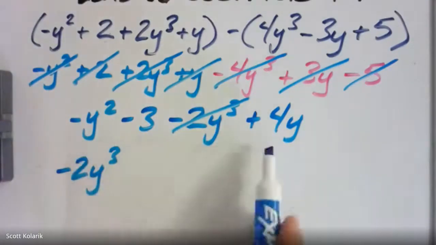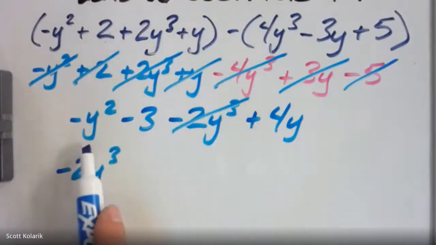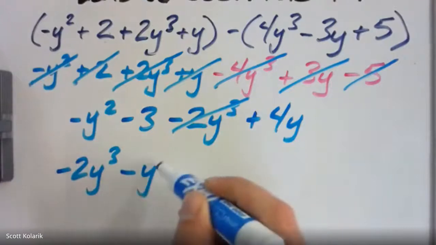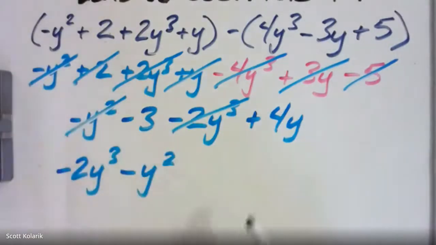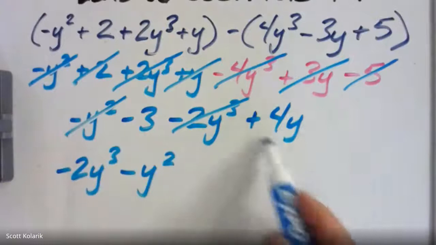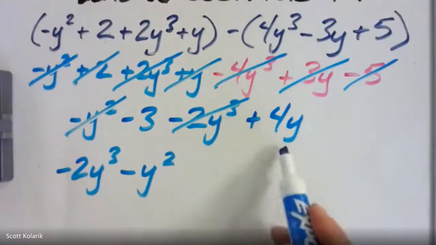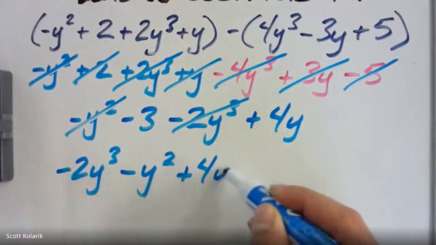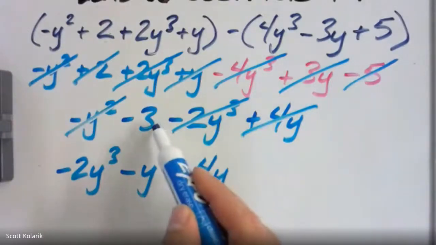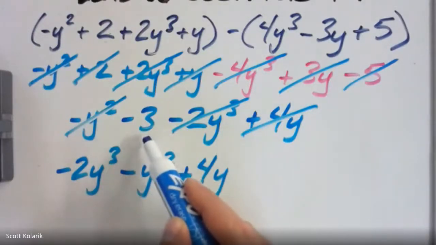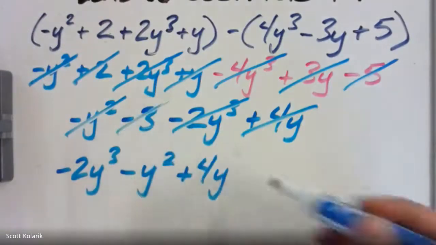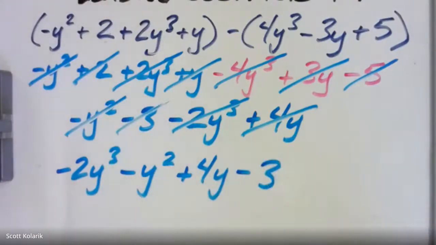Next highest exponent is this guy, negative y squared. So I just throw that down next. Got him. Next highest one would be the singular y's, right? Positive 4y. And the last guy here is this minus 3, the one that doesn't have a variable at all. And that will go onto the back end.